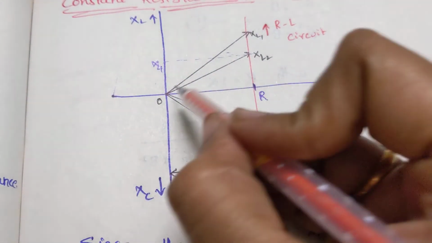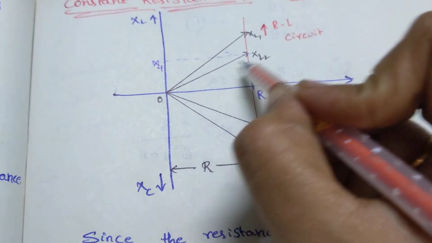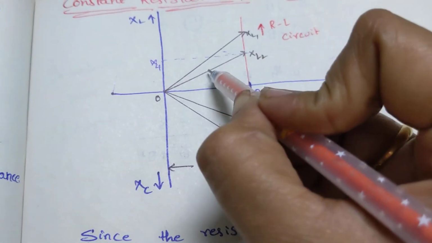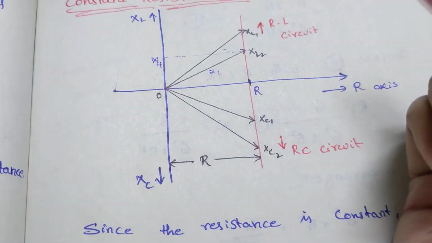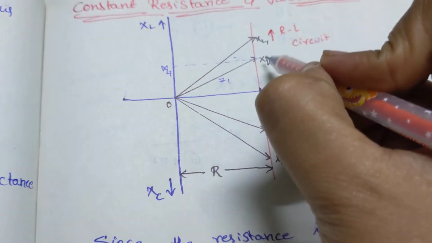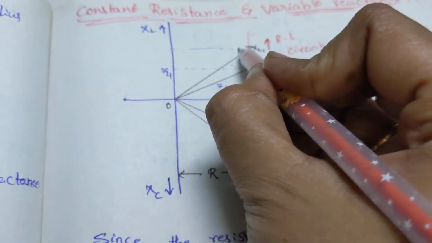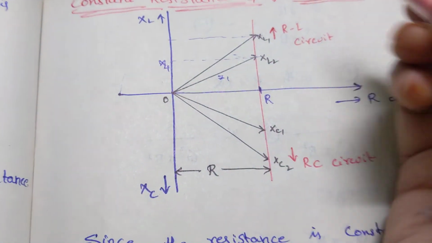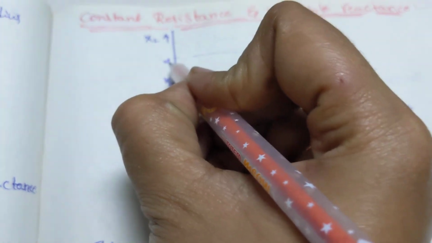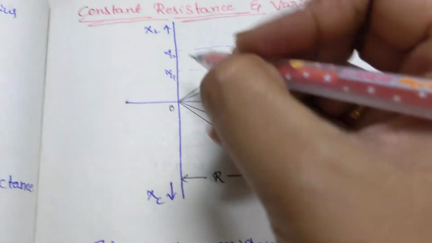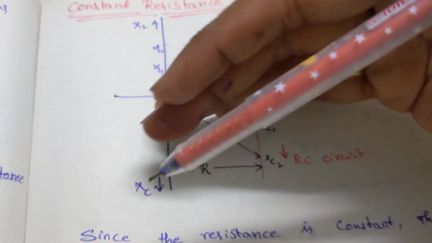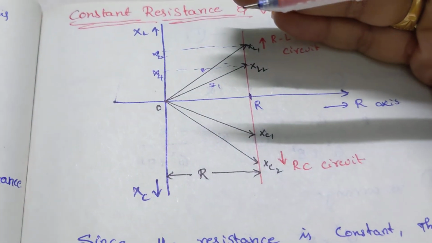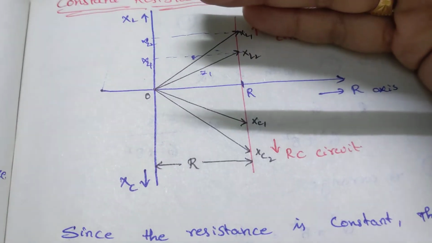For this one, the impedance will be Z, you may assume it is Z1 or Z2. Similarly for XL2, this will be the impedance. This is for the positive values of reactance.